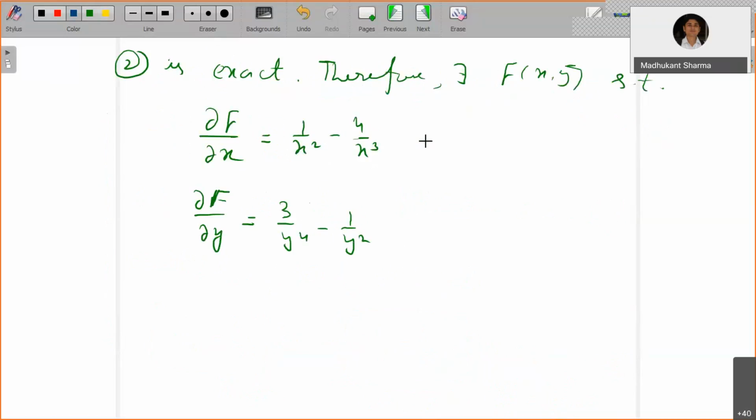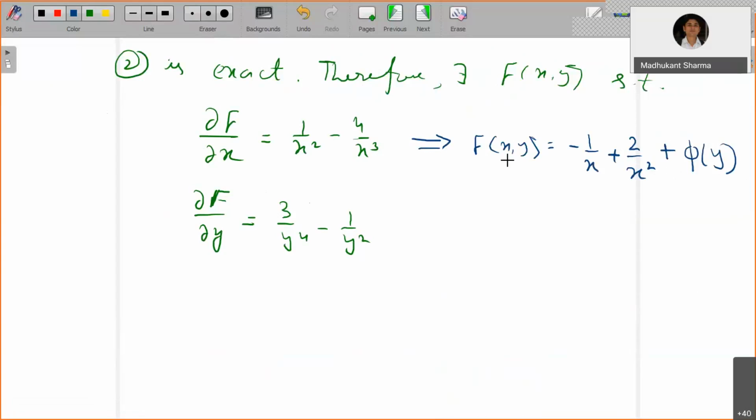Now integrate partially with respect to x. I am leaving this, you have to fill it up in your notes. If you are integrating with respect to x, it implies f of x comma y is equal to −1/x + 2/x², plus some constant, or it may be a function of y as we discussed.